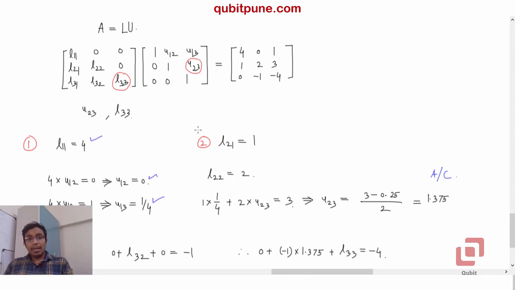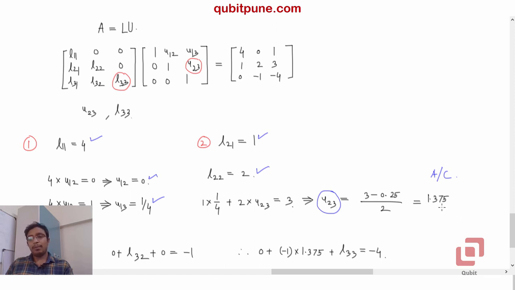Now let's calculate L21 by taking the product of second row of the prefactor and the first column of the post factor, which will give me L21 equal to 1, and from this again we can very easily determine L22 and U23. You can check it for yourselves.